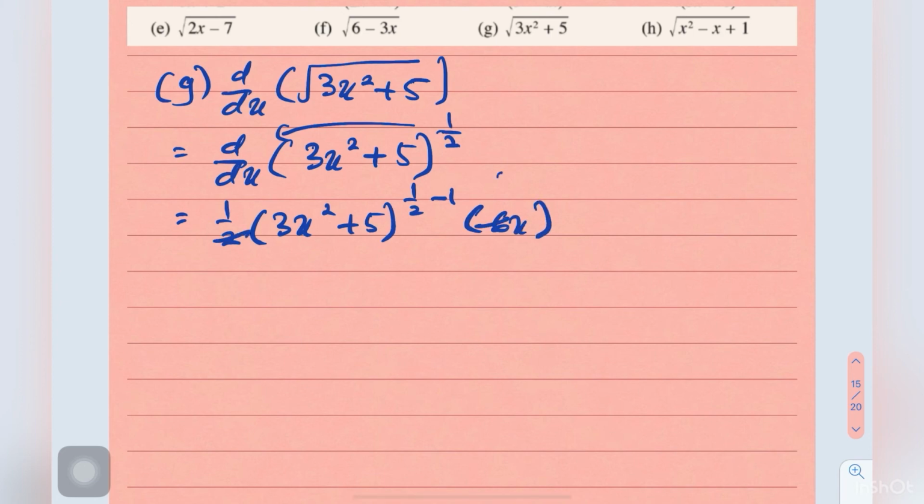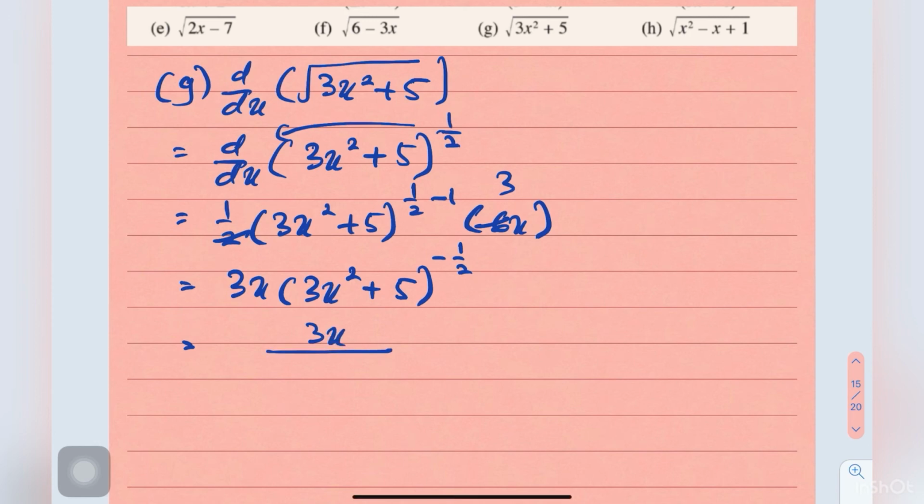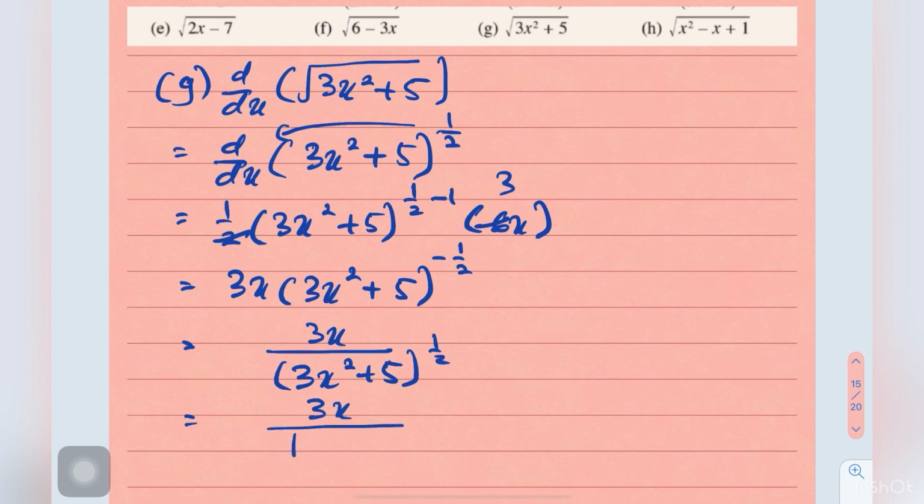So this one is (3x squared plus 5) to the power of negative 1 over 2. Here we have 3x over (3x squared plus 5) to the power of 1 over 2, or 3x over square root of 3x squared plus 5.